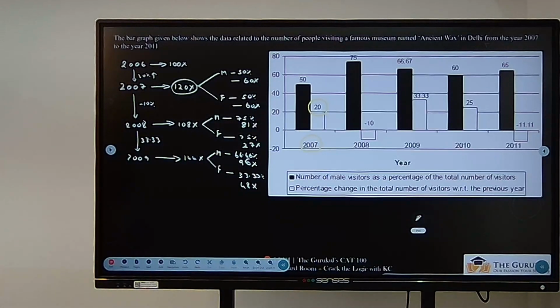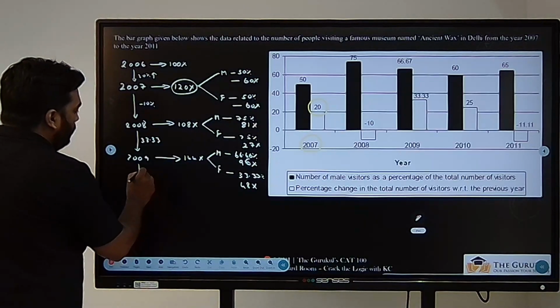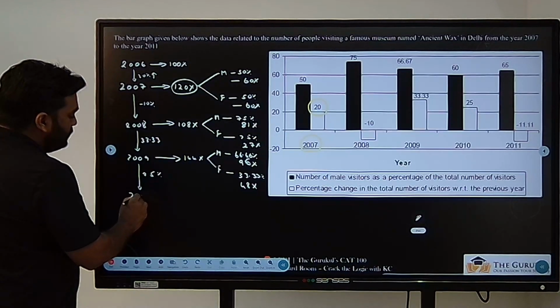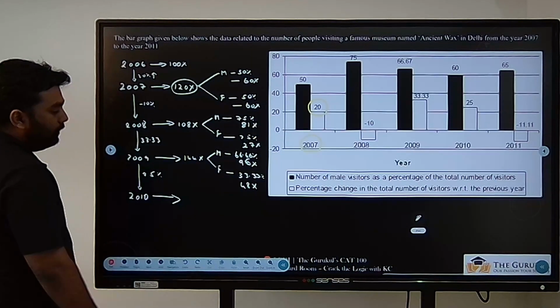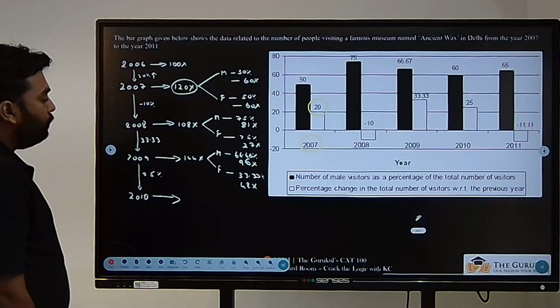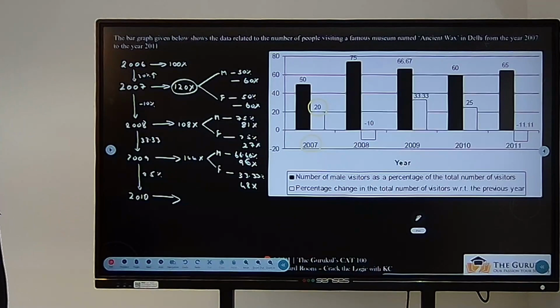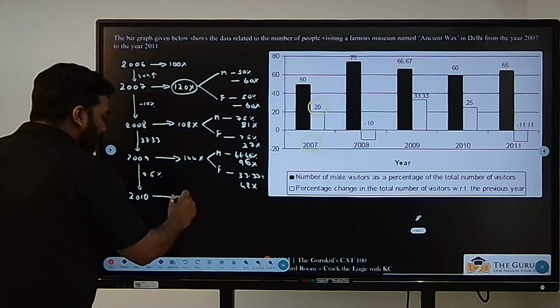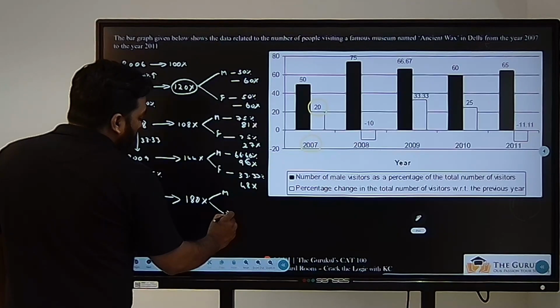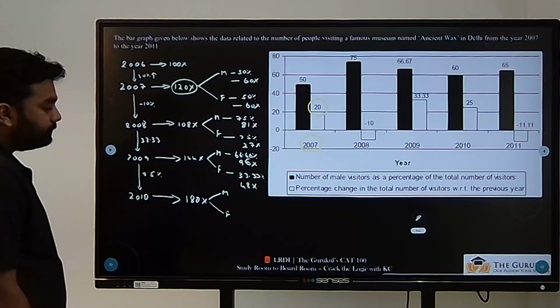That is the value in 2009. Now what will be the value in 2010? From here to here, there is an increase of 25%. That is an increase of 25% on what value? On my 144x. So on 144, if it is increasing by 25%, perfect. This will become 180x. In this also, we'll have male and female.